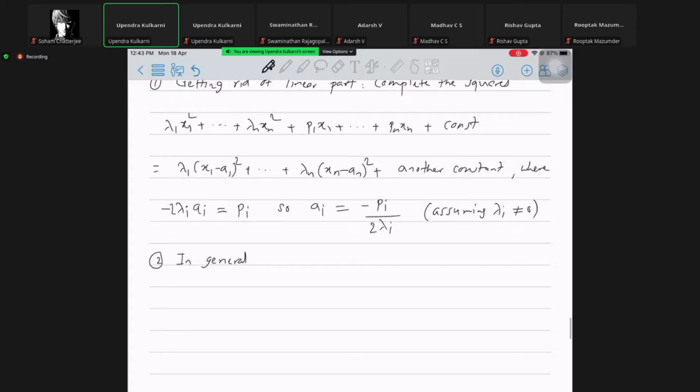So in general, we express x in terms of a new basis consisting of eigenvectors of A. So, of course, A is symmetric.